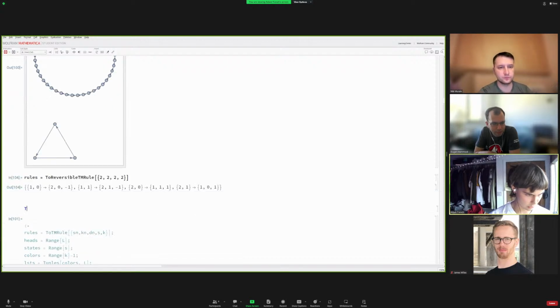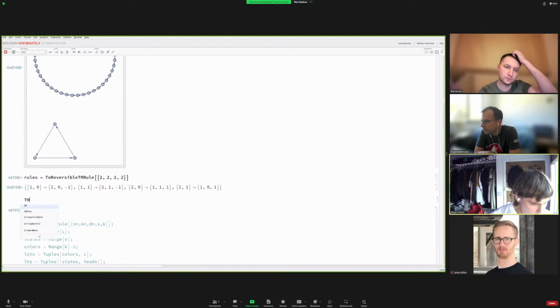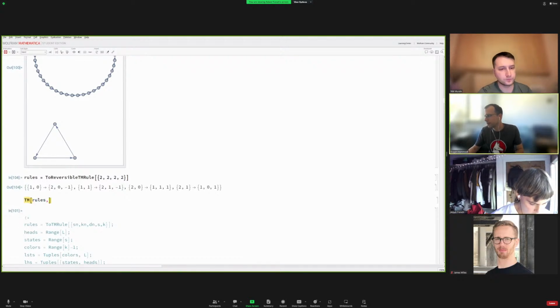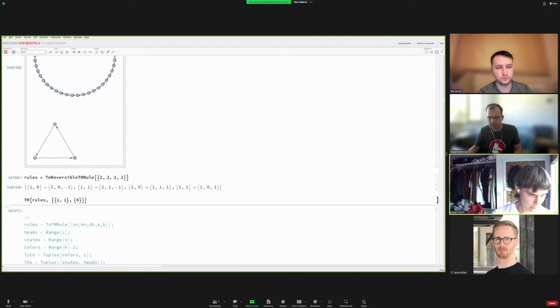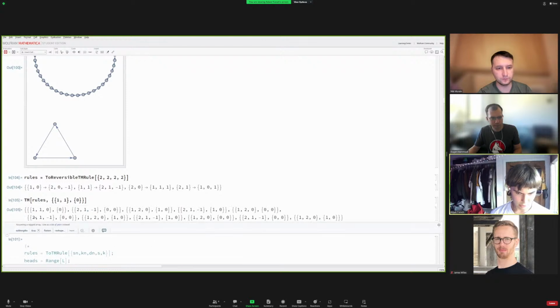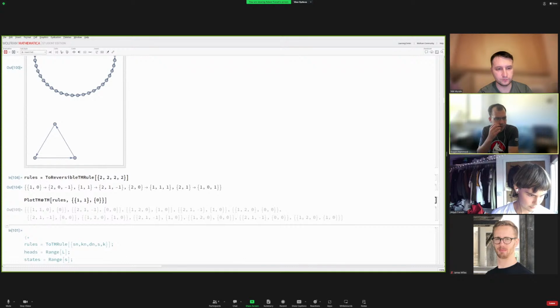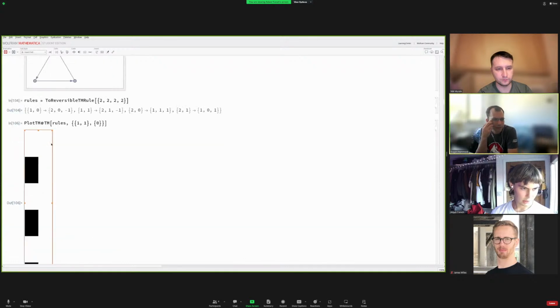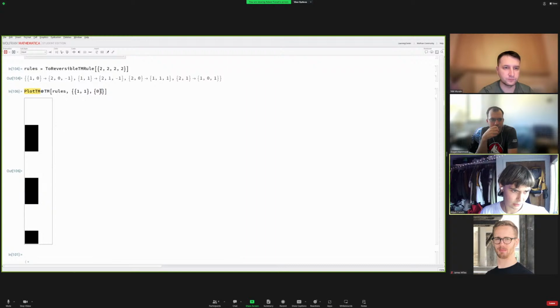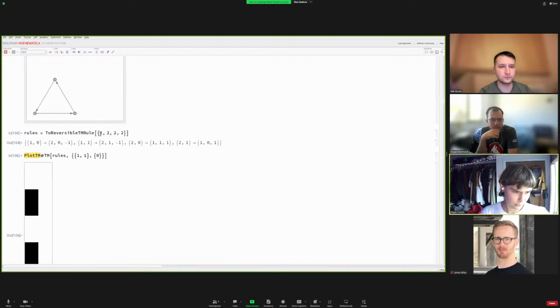And then state 1, position 1 on a blank tape. And then plot. I haven't fully fledged out the plot TM function yet. I've kind of been refraining from using the Wolfram one a little bit just because I kind of like more control.